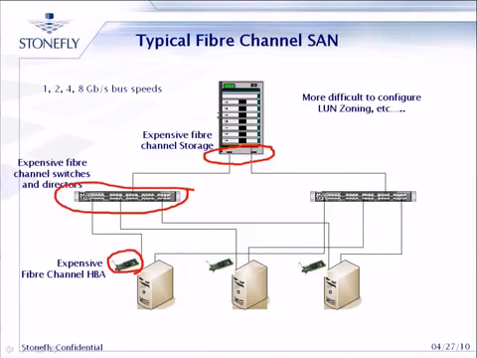I don't want to say that Fibre Channel is going to disappear. Fibre Channel is there and it's going to stay around for a long time. But there is a gap that iSCSI fills. There are also some little issues, like LUN zoning.